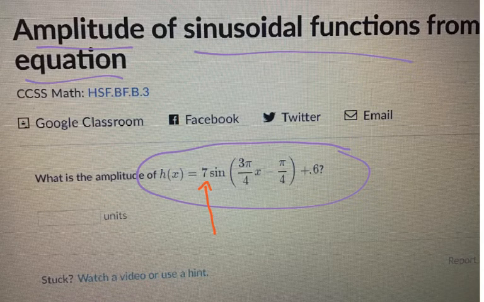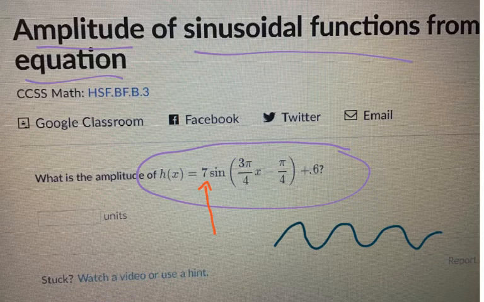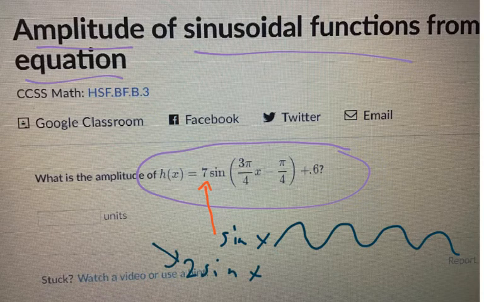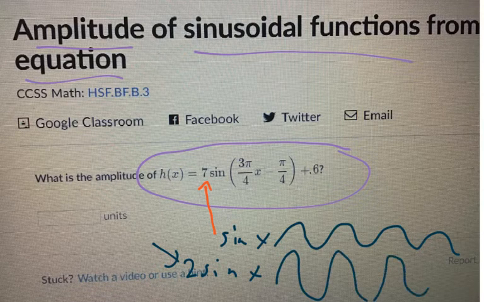Guys, look right there. What you need to understand is, let's say this is a regular sine function. So this is sine x, right? If I were to give you 2 sine x, in other words, 2 times sine x, you know what the only difference would be? It would be 2 times taller. So this right here would be 2 times what this is.